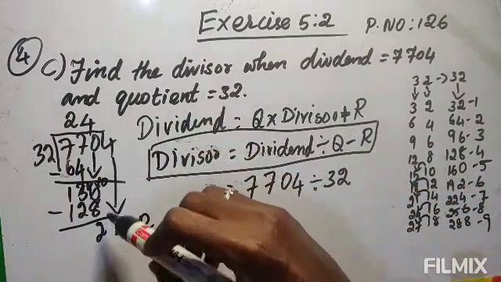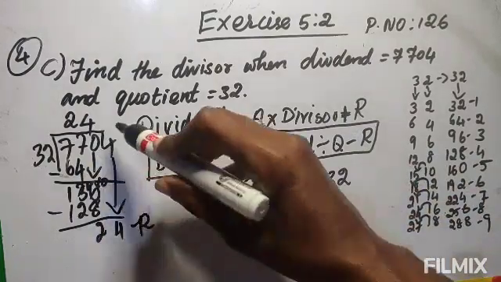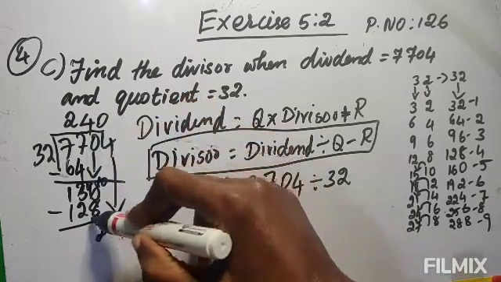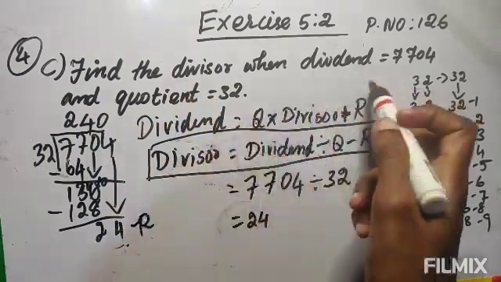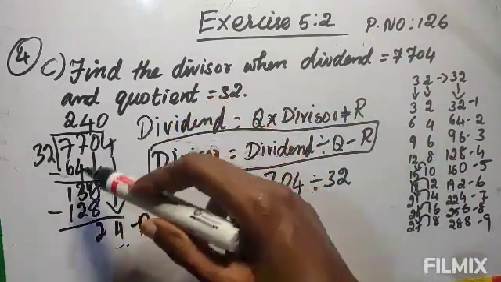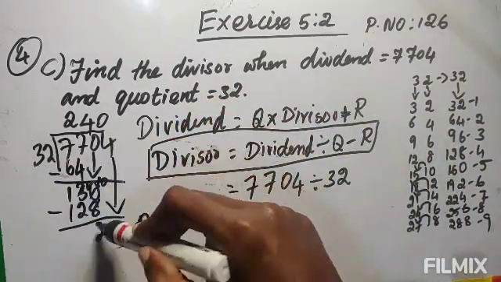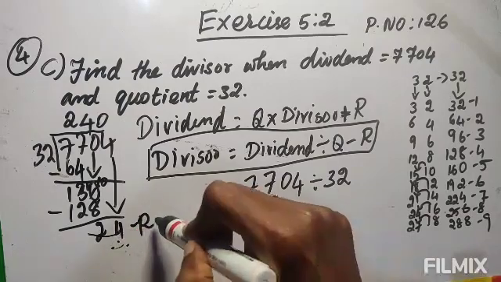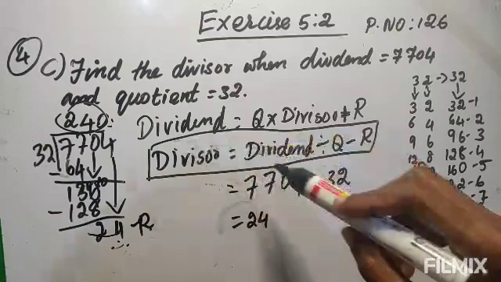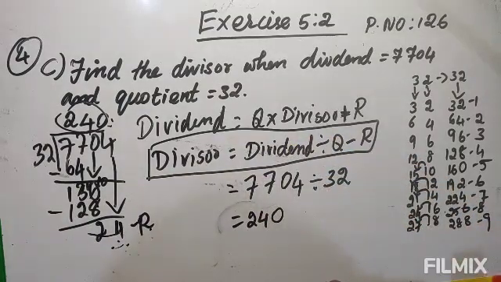Sorry, I forgot here. This 4 we cannot divide now, so we are not able to divide, so you have to add 0 here. So this 24 is the remainder. Already we have minused here, and after minusing we are getting this 24. So you can leave this remainder, only take this one. So this is the divisor. The answer is 240.